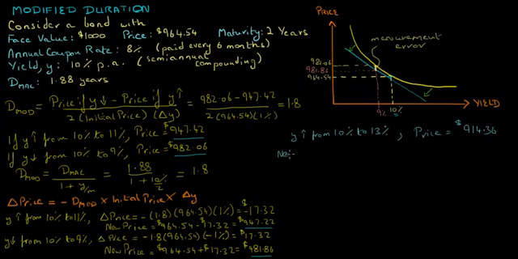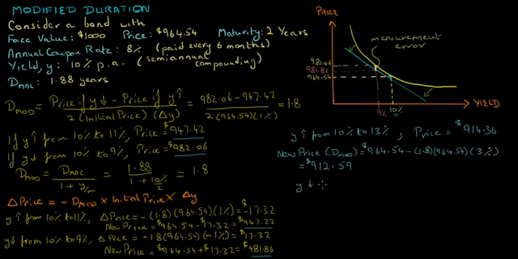However, new price approximated using modified duration equals the original price of $964.54 minus modified duration of 1.8 times the initial price of $964.54 times the change in yield of 3%, which equals $912.59.